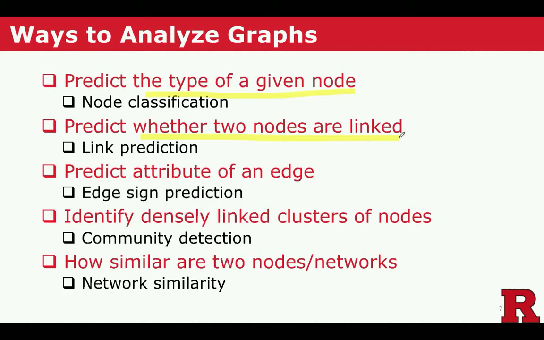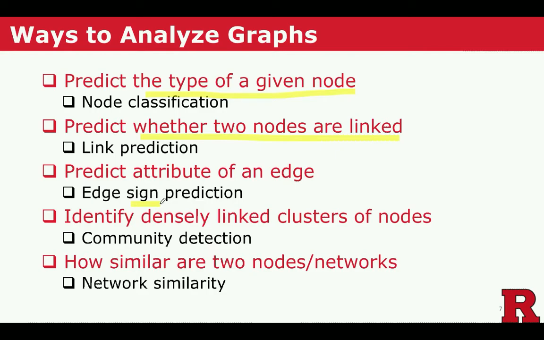You can also predict the attributes of an edge. For example, there are signed networks. It means that in this kind of networks, each edge has a positive or negative sign. For example, in a voting network, where nodes are the users, and the edges can have positive sign or negative sign.